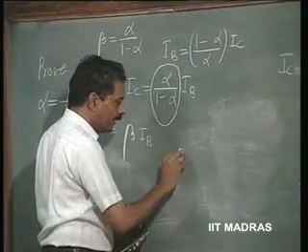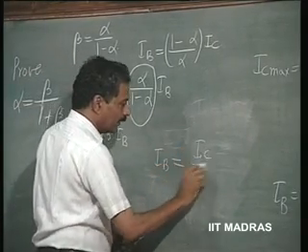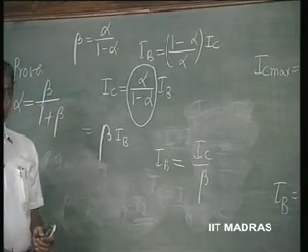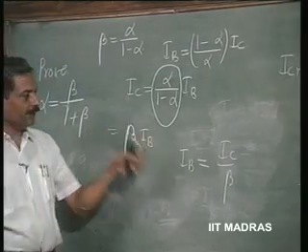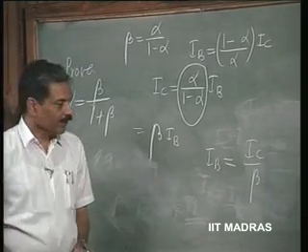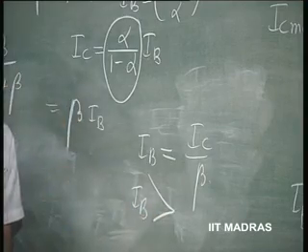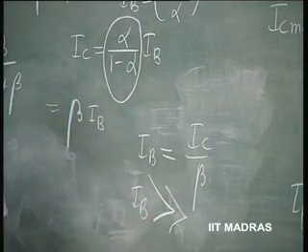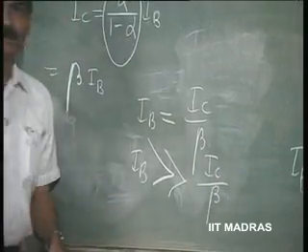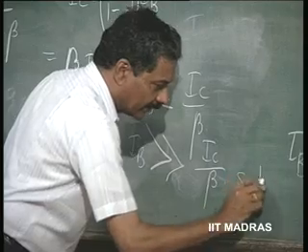That means, if IB is equal to IC by beta, this relationship is satisfied. Transistor action exists. If IB is equal to IC divided by beta, then transistor action takes place. If IB is greater or much greater than IC divided by beta, then the transistor is in saturation.